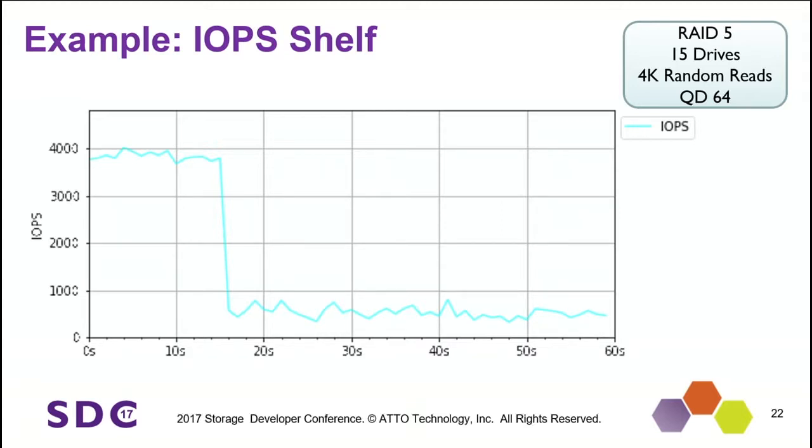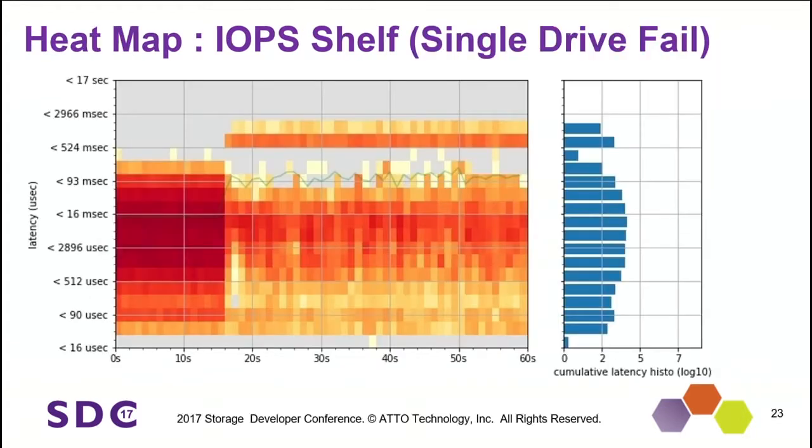Okay, so this was a similar kind of RAID. 15 drives. This is 4K random reads. 64 queue depth. Okay? And check out this heat map. Isn't that neat looking? Wow. So that's the shelf. You can see it. It's really clear.